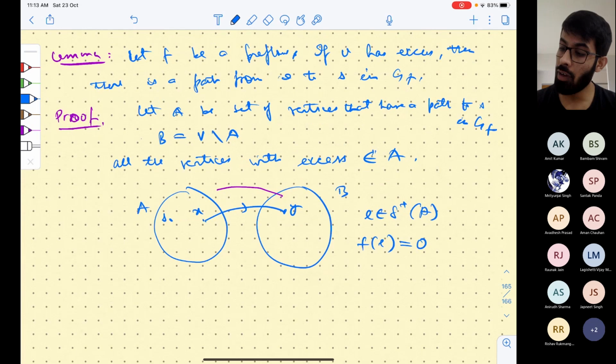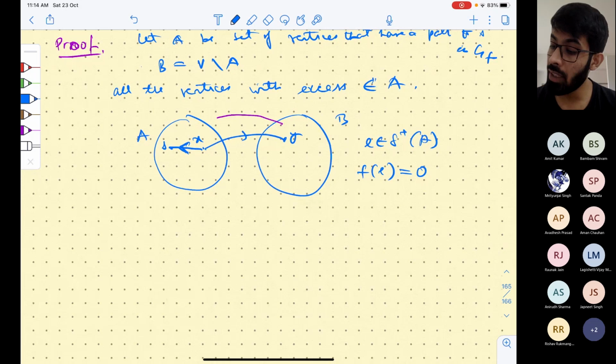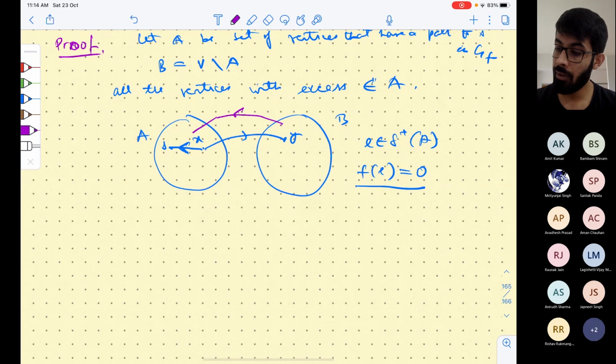And that's where we want to show that V belongs, and all the vertices with excess belong, that they have a path to S, right? So X has a path to S because, like, that's how we have defined A. And now if this edge is not fully saturated, if it does not have zero preflow on it, then there will be a backward edge, right?